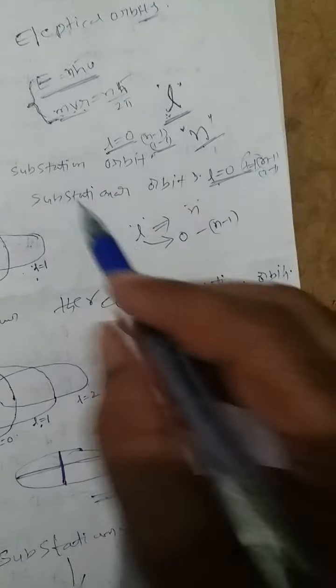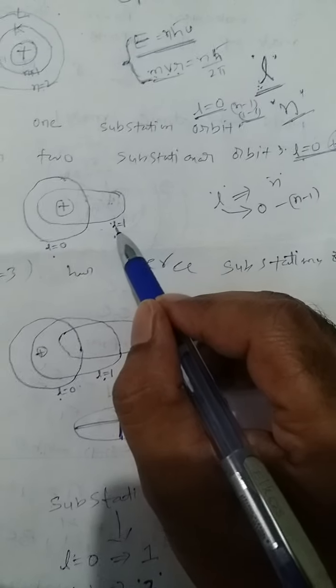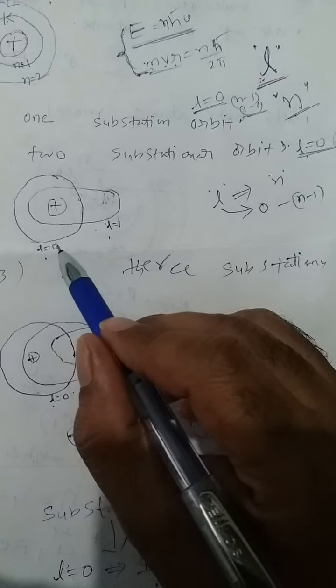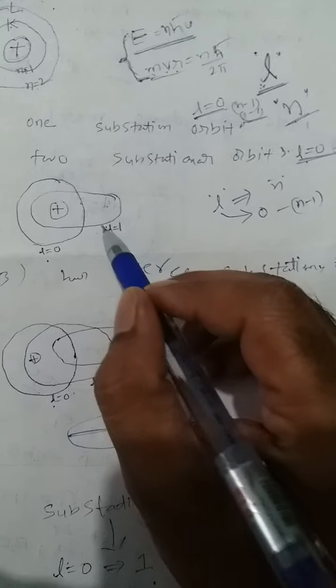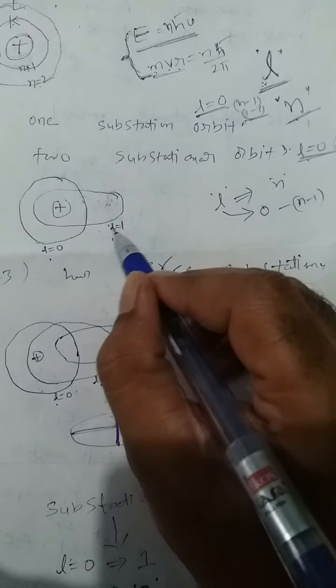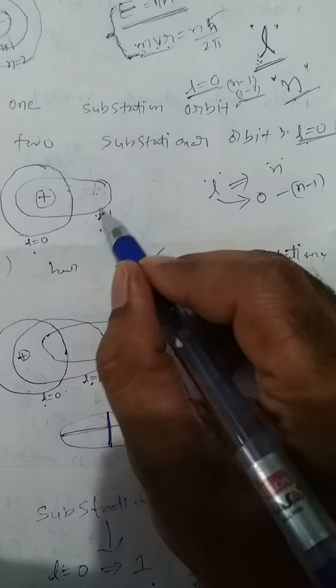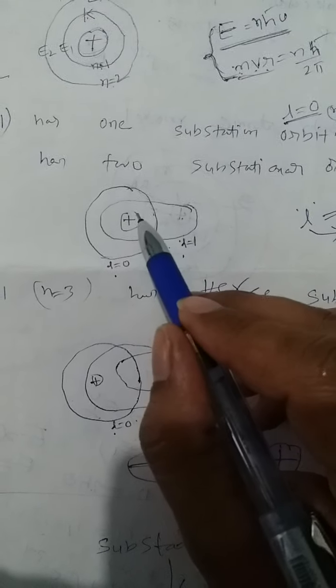And the substationary states are denoted by L values. If the L value is gradually decreasing, the elliptical shape of the substationary orbit becomes a circular shape.